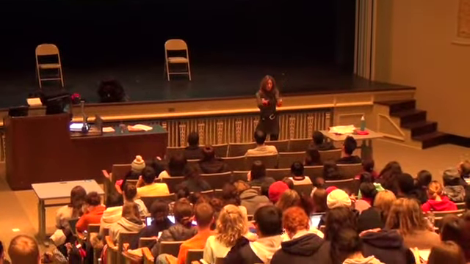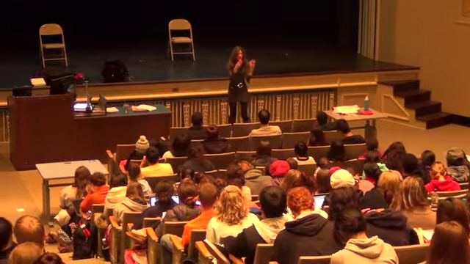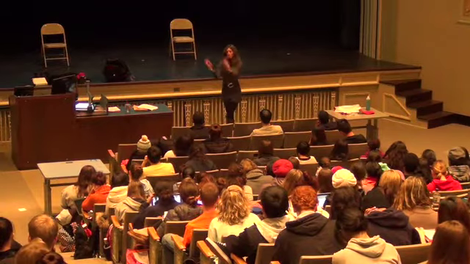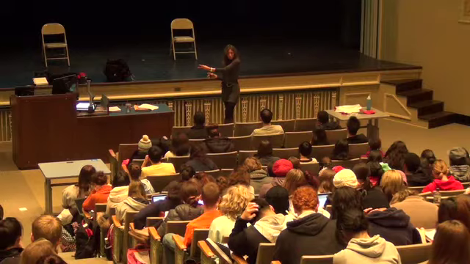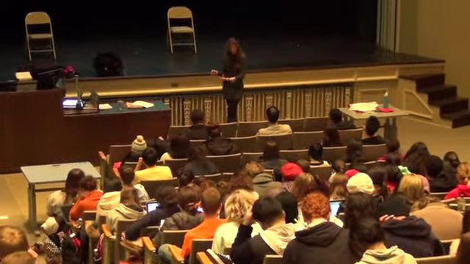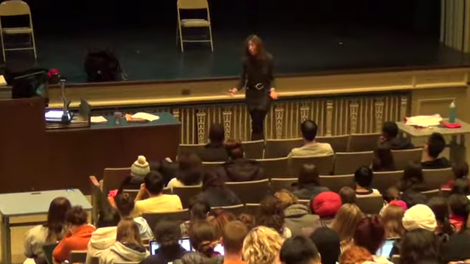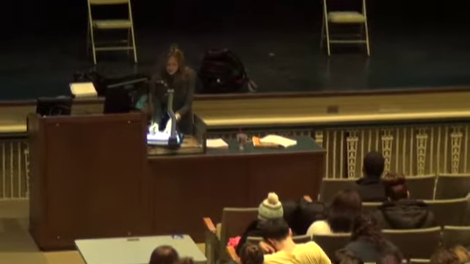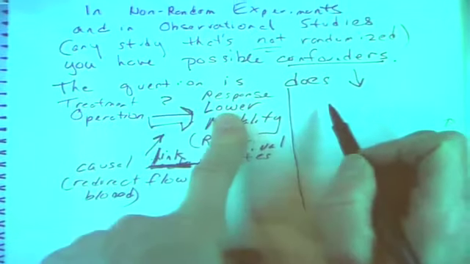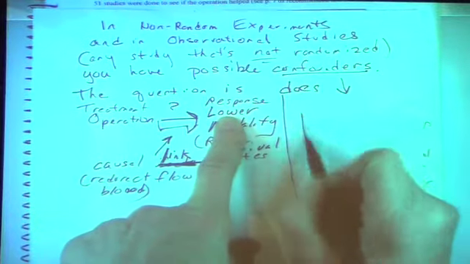I said, I'm choosing you because you're healthy. I'm choosing you because you're frailer. That could be mixed up. That could be the true cause of why there's a higher survival rate. Maybe the shunt has nothing to do with it. So in non-randomized experiments, it might not be this at all, it might be something else.